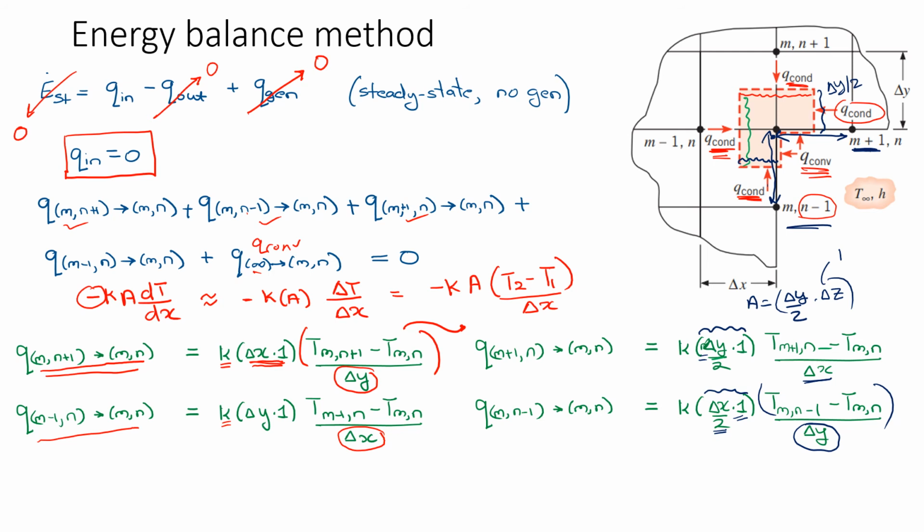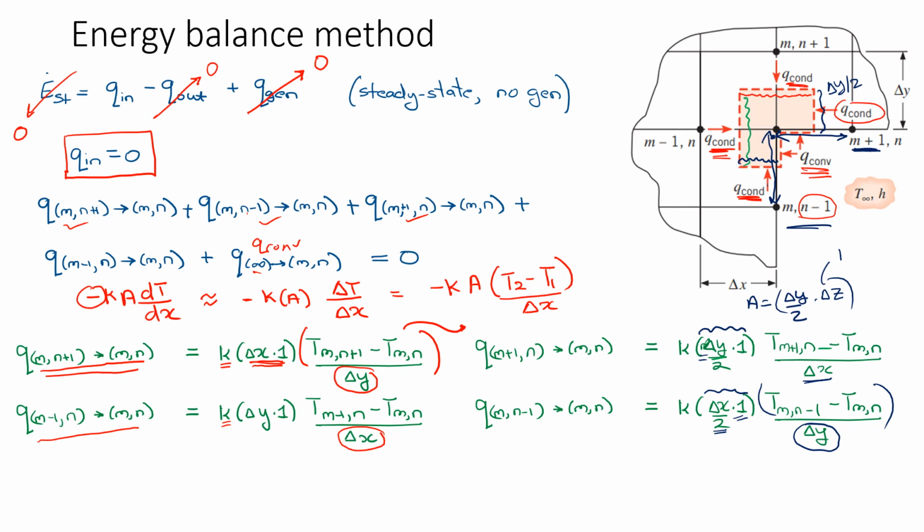So whenever you apply energy balances and your elements or your control volume isn't a perfect square or a perfect rectangle, you need to make sure that the areas and the lengths that you consider are appropriate.